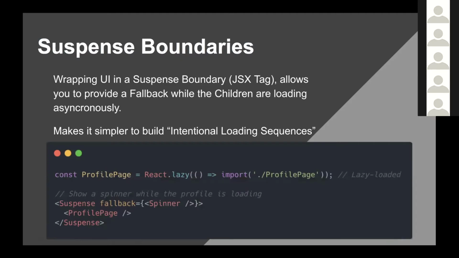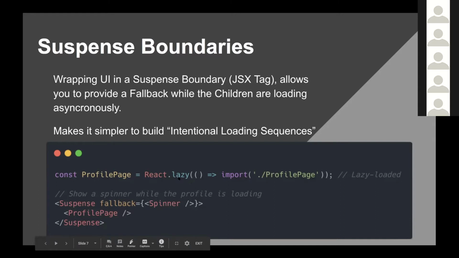So I'm going to talk a bit about suspense boundaries. Again, it's not that complicated, but it's important to go over the difference. I've got some code here on the screen, and this is something you can be doing right now. It's something that many of you might already be doing. Lazy loading components is a pretty popular thing to do. Here I've got some component, a profile page, and I'm importing it, but wrapping that in React.lazy.